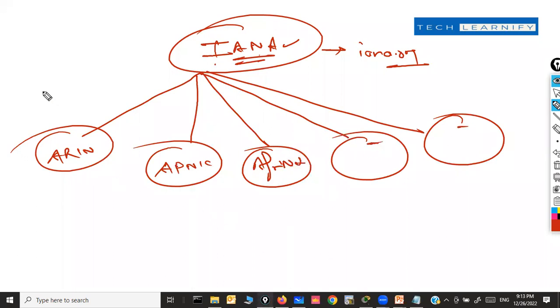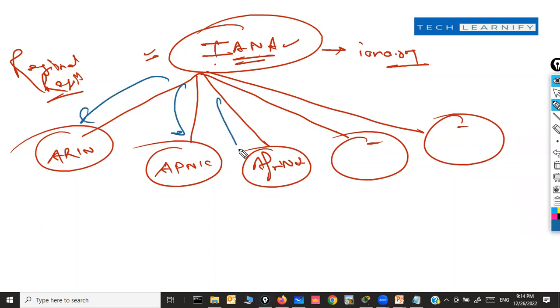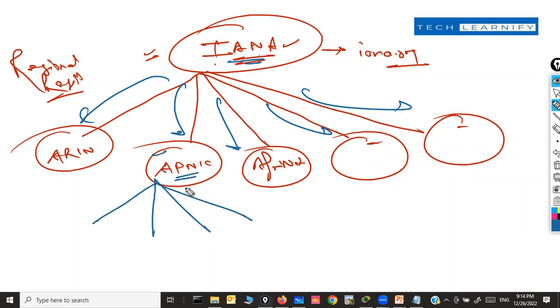They are all regional registries. So IANA has provided a pool of public IPs to ARIN, APNIC, AfriNIC, and the others, and maintains a database. Now if I take the example of APNIC, in Asia there are so many countries.